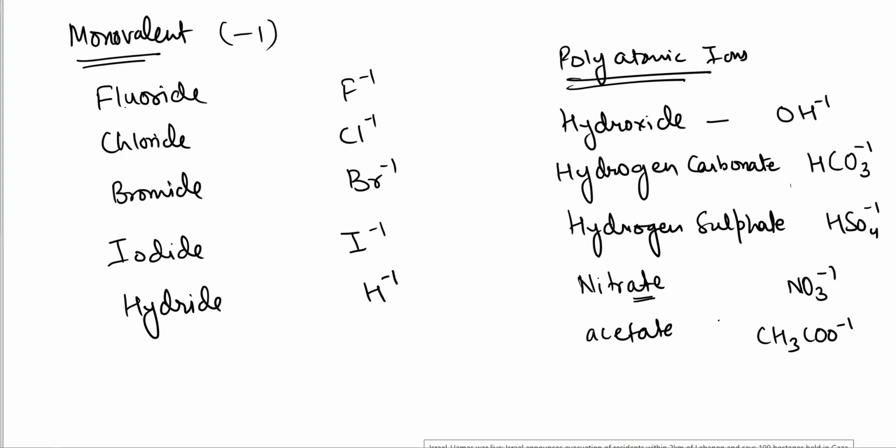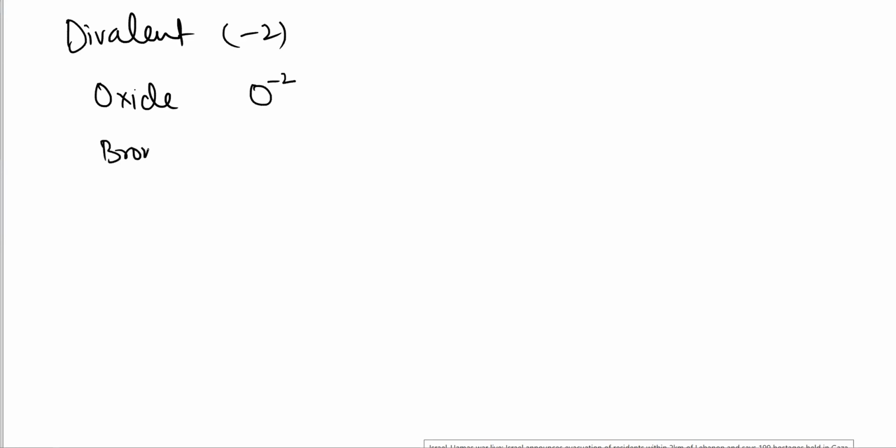Should I move forward? Okay, next is divalent with -2. So that is oxide, O-2, and sulfide, S-2.